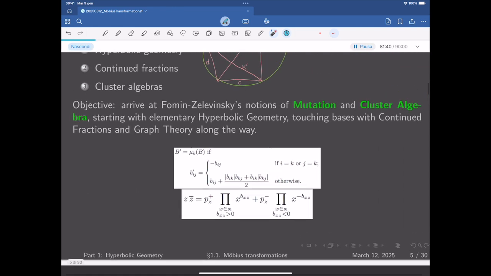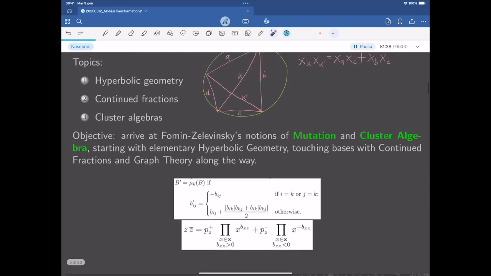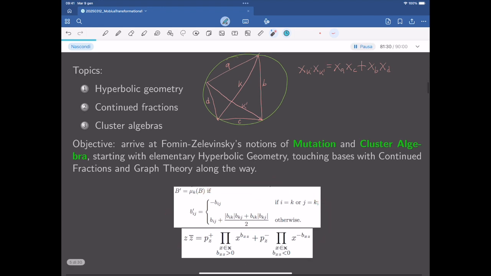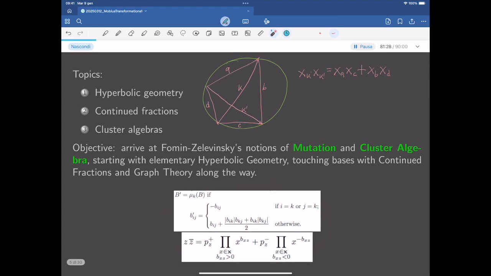So somehow the idea is to see that in certain very nice contexts, one arrives at this formula in a more or less natural way, because this is the product of two things equal to the sum of two monomials, and the monomials look kind of very ugly, but they are still monomials.